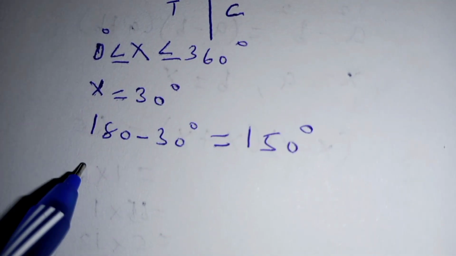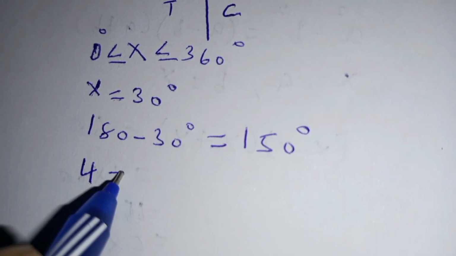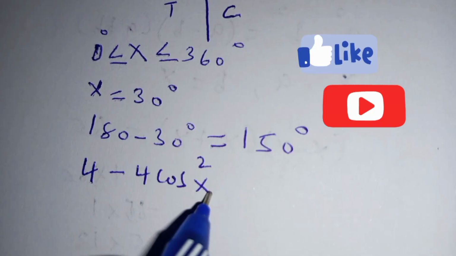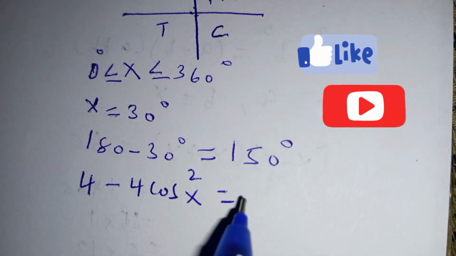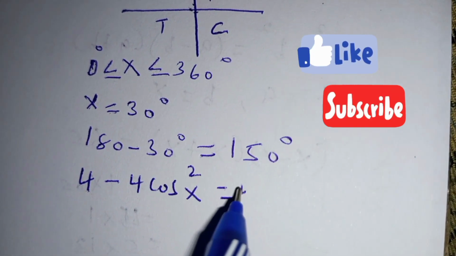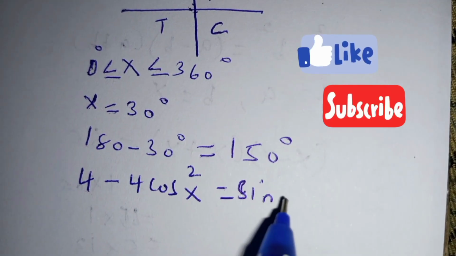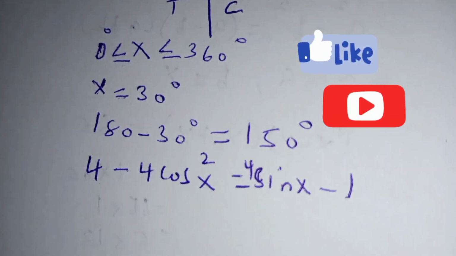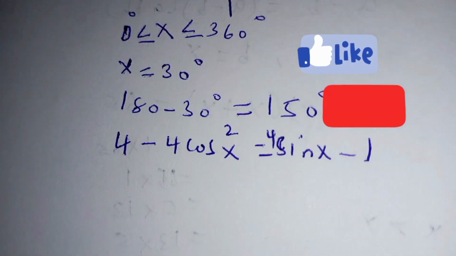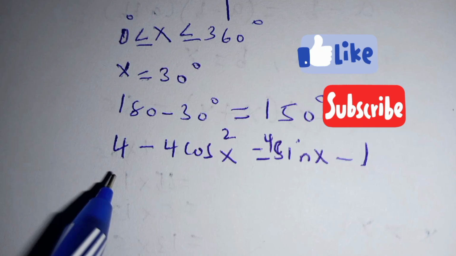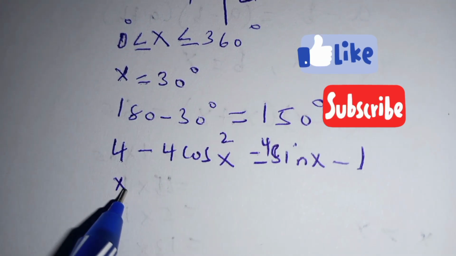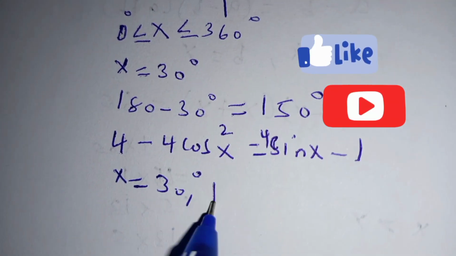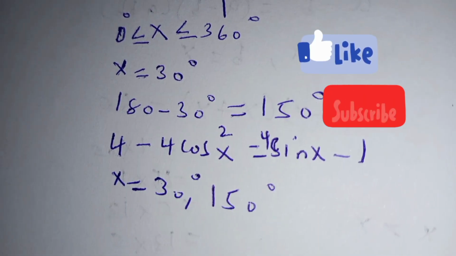So, from the given equation, 4 minus 4 cos squared of x, which is equal to 4 sine of x minus 1, we find out that the value of x is equal to 30 degrees or 150 degrees.